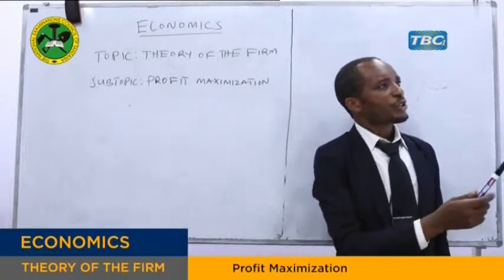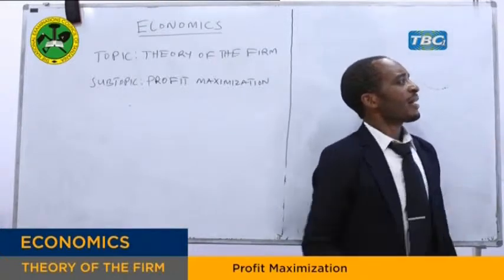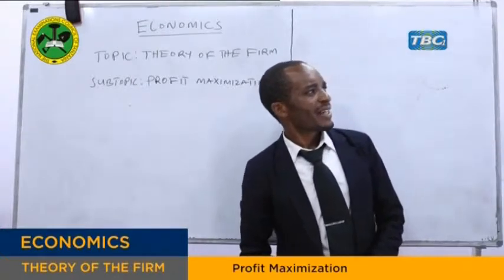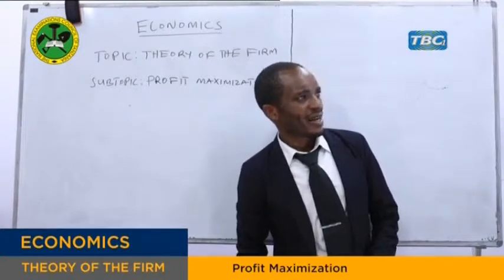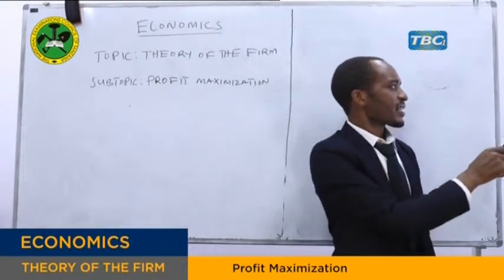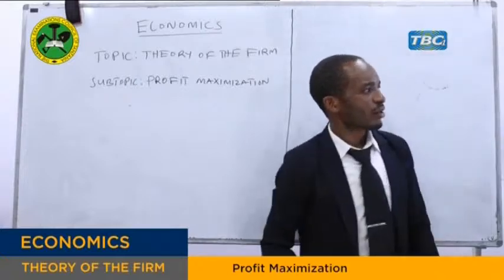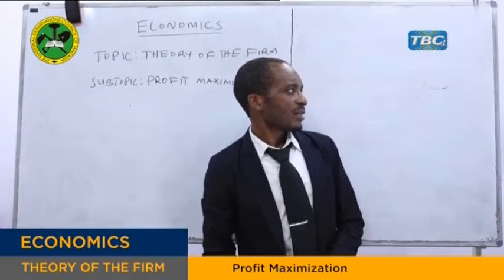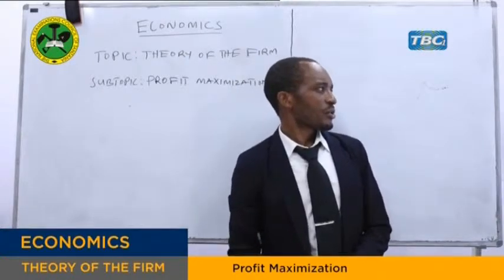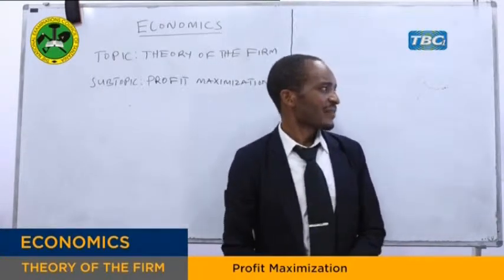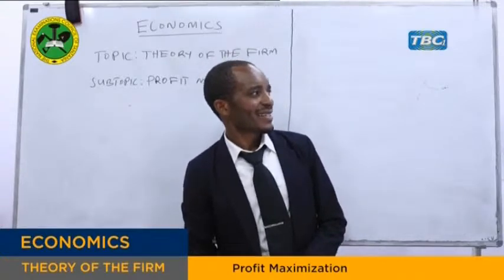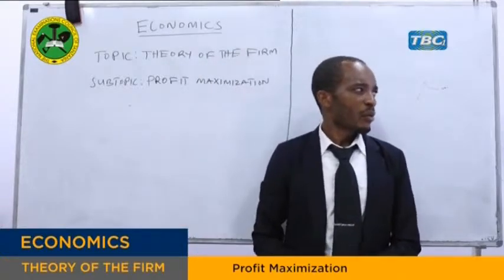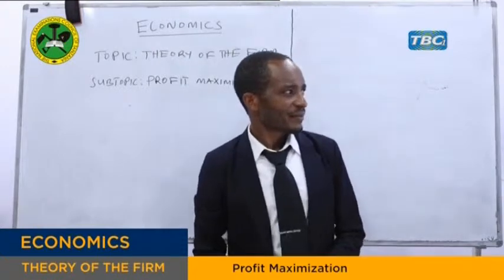They are going to join an industry producing in a perfectly competitive market structure with a total cost function of Q: total cost equals Q cubed minus 15Q squared plus 60Q plus 128.